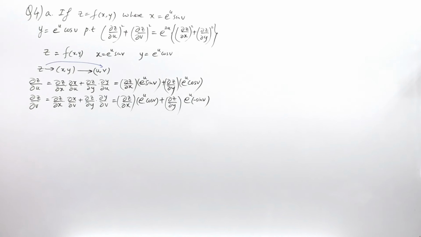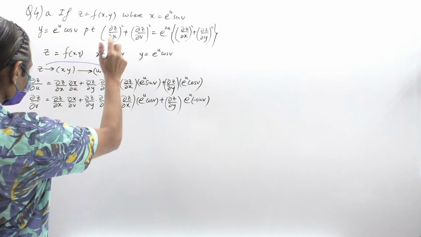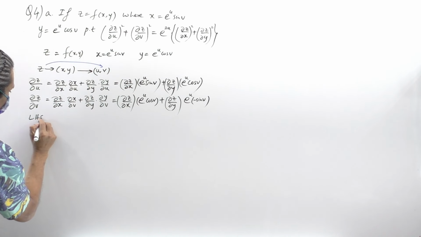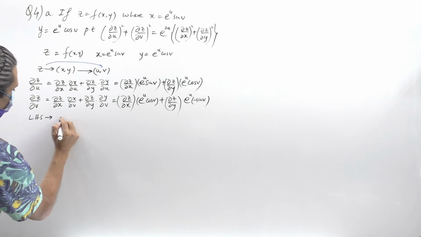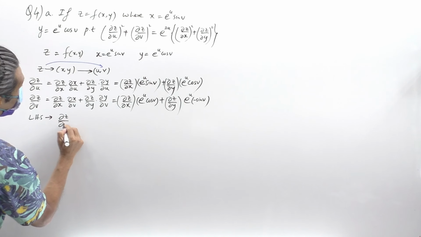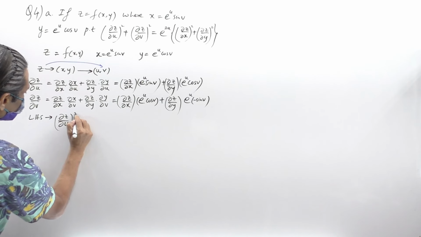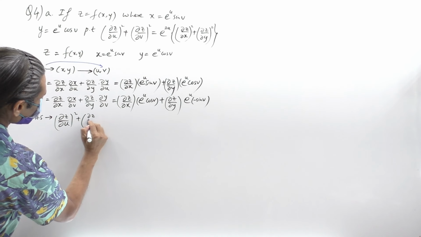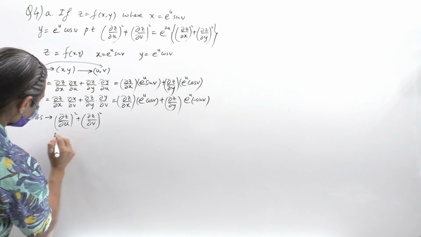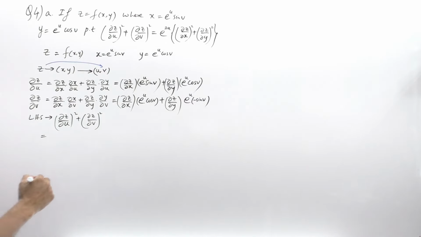Okay, done. Now what we'll do, in the LHS, what is LHS? LHS, left hand side, is equal to (∂z/∂u)² plus (∂z/∂v)², and that is equal to, what is ∂z/∂u?